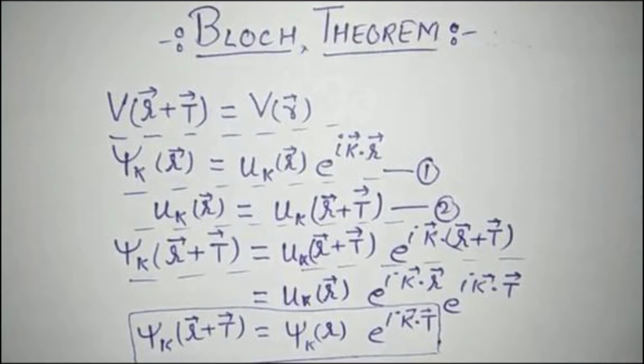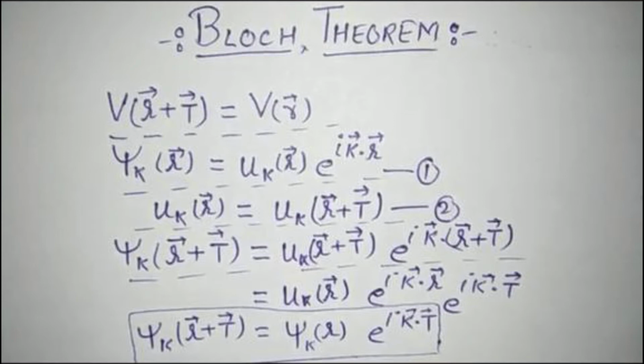One is that |psi of x|² is equal to |psi of x plus a|², and the other is psi of x plus a is equal to c times psi of x. The first boundary condition is rather probability, and the next boundary condition is related to the nth term of these psi squares.